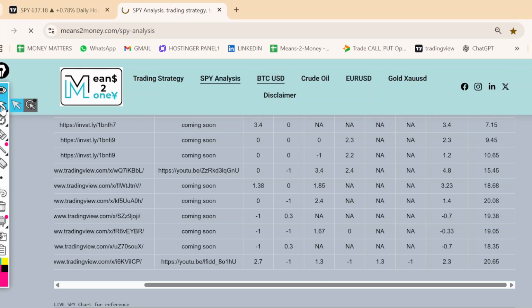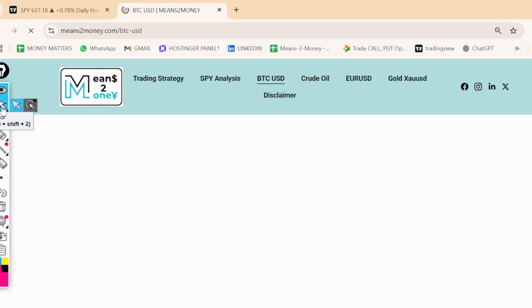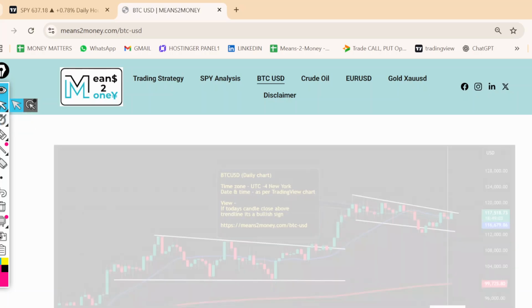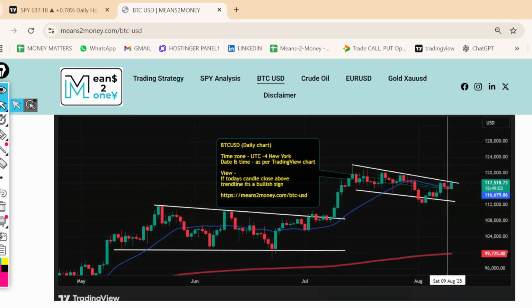So if you see BTC, Bitcoin on a daily chart, you can see this is a daily chart and the support and resistance lines have been drawn. If the market closes above this trend line, it can turn bullish.